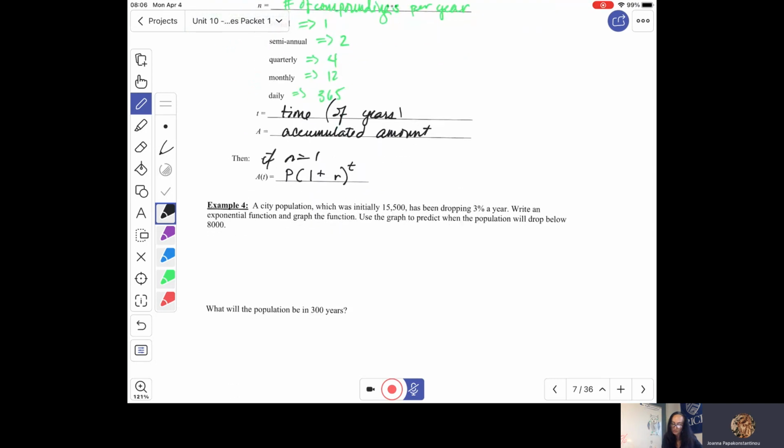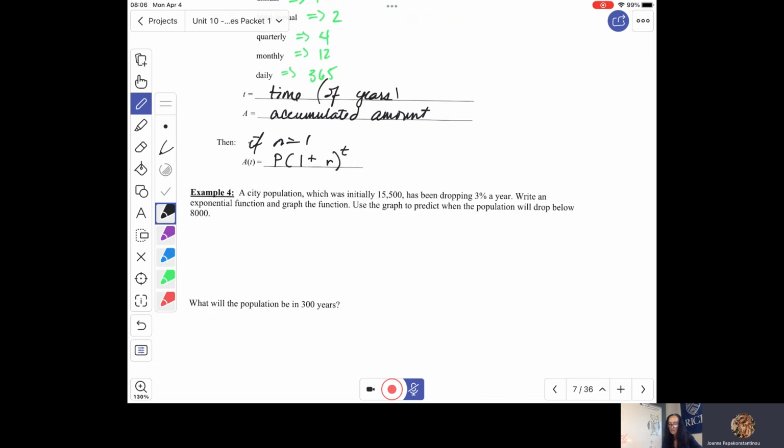Let's see how to use it. Now, in this case, I'm not talking about money. I'm just talking about a population that could be growing or decaying. We could be increasing the number of people, or we could be decreasing. A city population, which was initially 15,500.